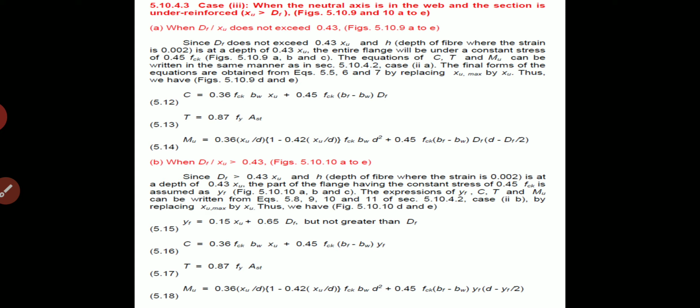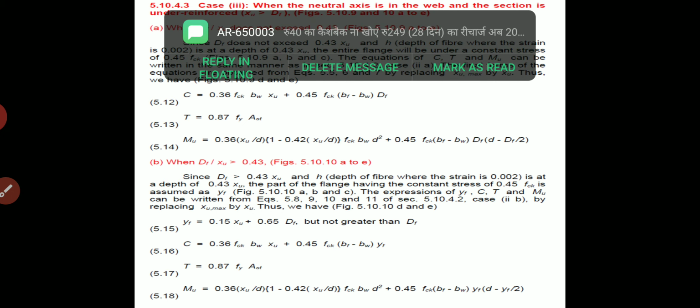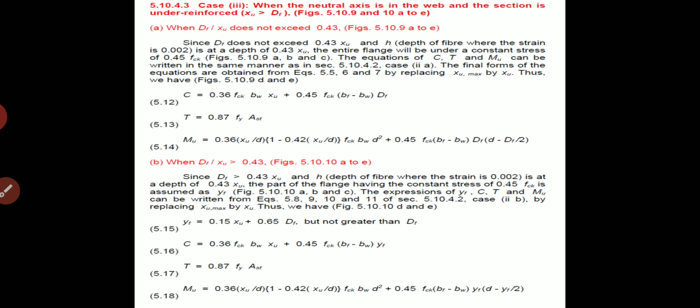Tension side T equal to 0.87 fy Ast. Hence the ultimate moment equals 0.36 Xu upon d, 1 minus 0.42 into Xu upon d, into fck into bw into d square plus 0.45 fck bf minus bw into Yf into d minus Yf by 2.